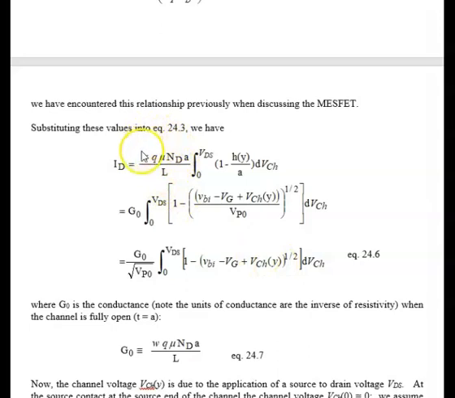We take out some of this stuff over here, and we call it G0, which is the conductance, and it has units of inverse of resistivity.